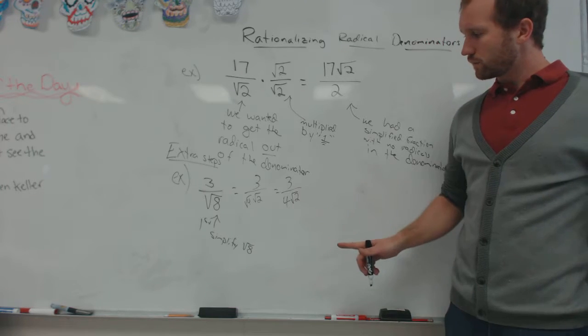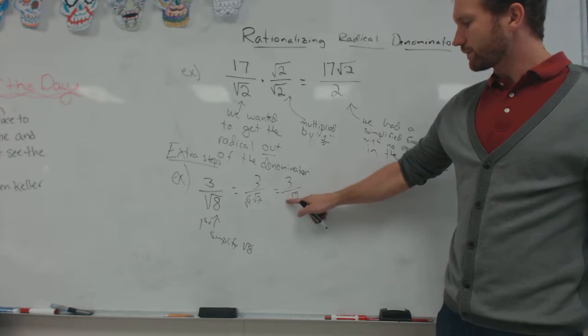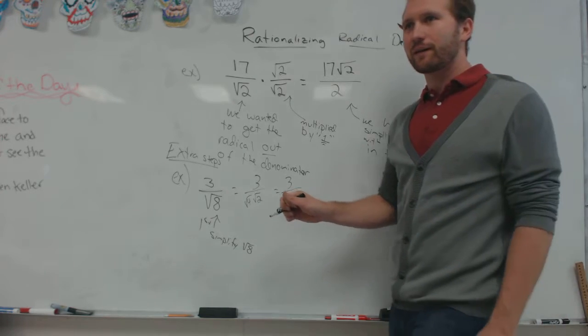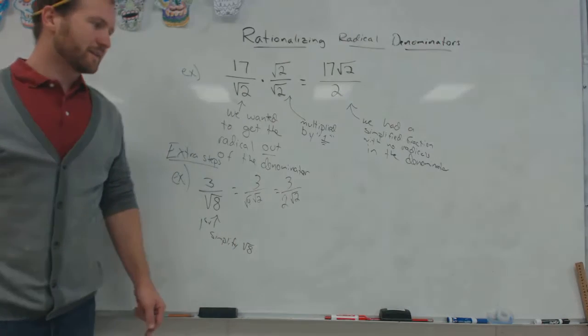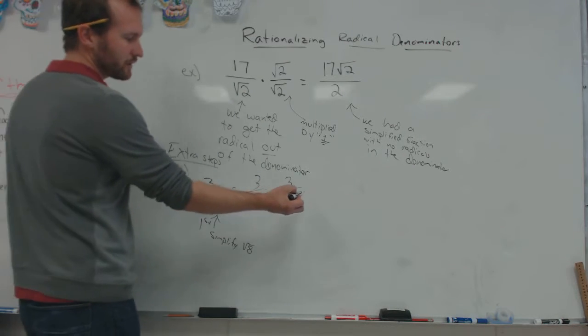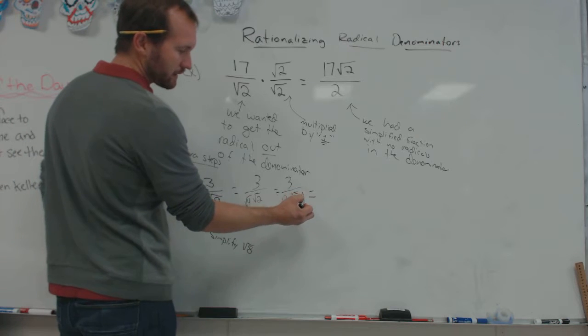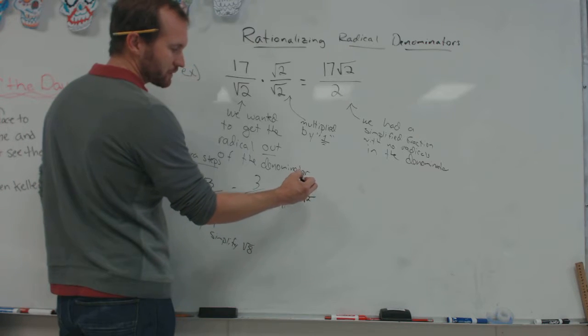Wouldn't it be 2 square roots of 2? Yeah. Oh, I'm sorry. I made that mistake that I was talking about. Okay, 3 over 2 square roots of 2. We're going to multiply times the square root of 2 over the square root of 2.